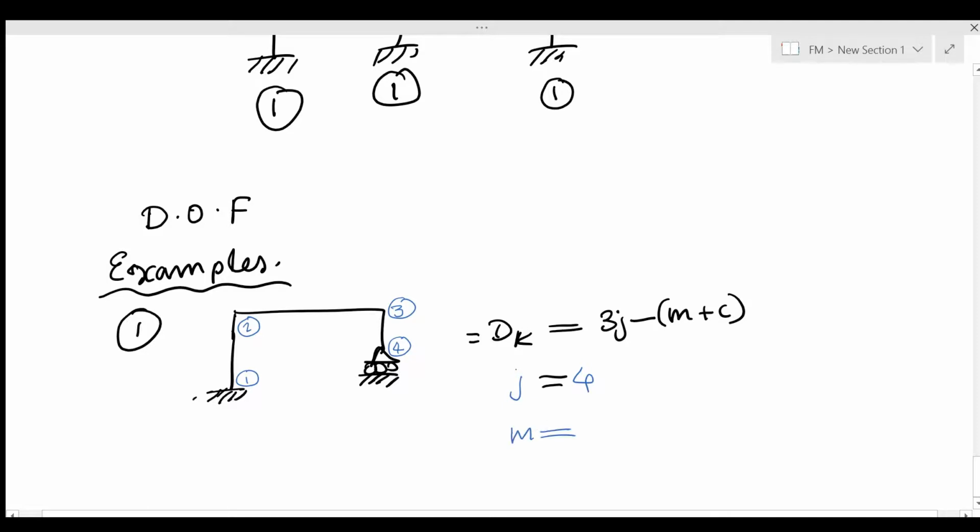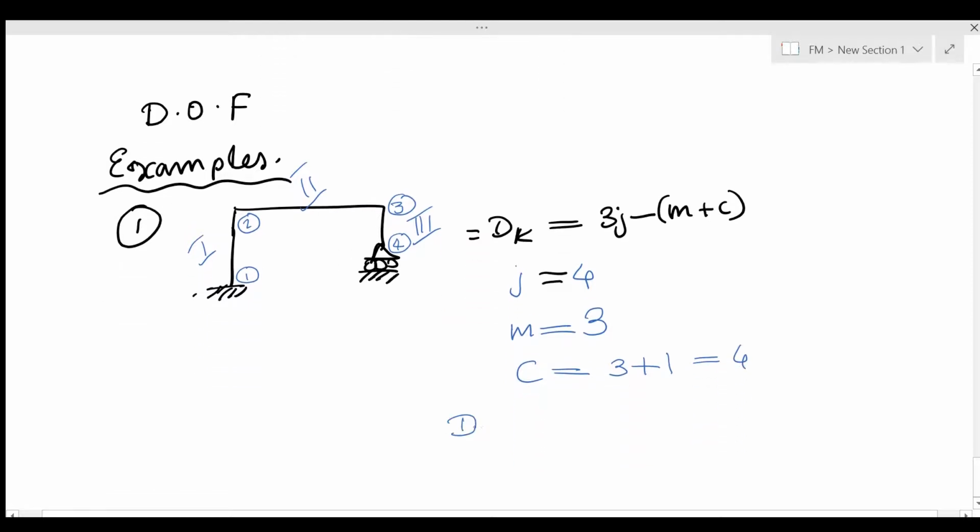m is equal to connecting members. They are 1, 2 and 3. So the number of members is 3. And number of constraints: for fixed support, we have 3 constraints, and for roller support, we have 1 constraint. So number of constraints is 4.